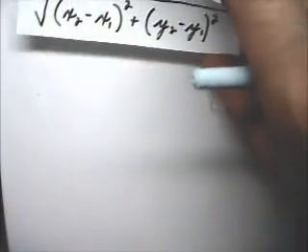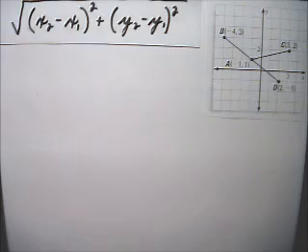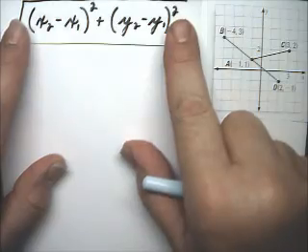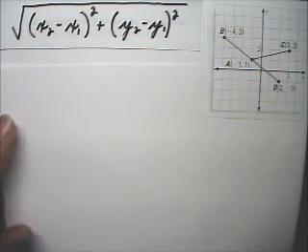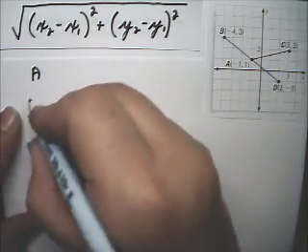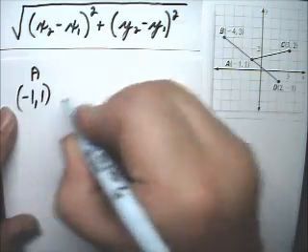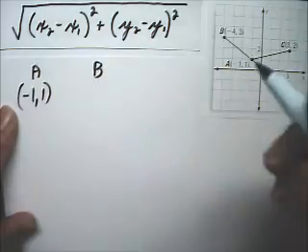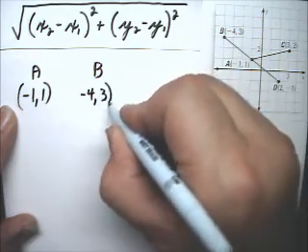We've got quite a bit of work to do here because this is the distance formula, and it's pretty complicated. It's not very tricky, but I'll show you how to do that. Let's start out with segment AB. Here's point A. It's -1, 1. Here's point B, which is -4, 3.